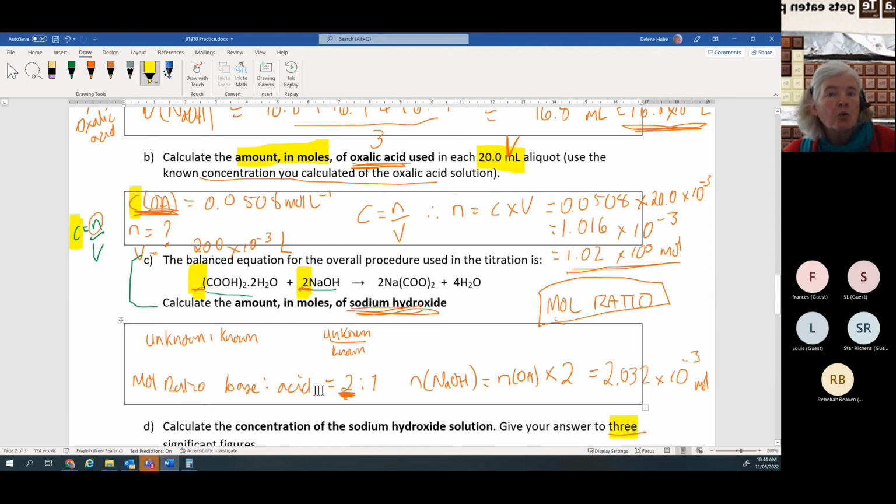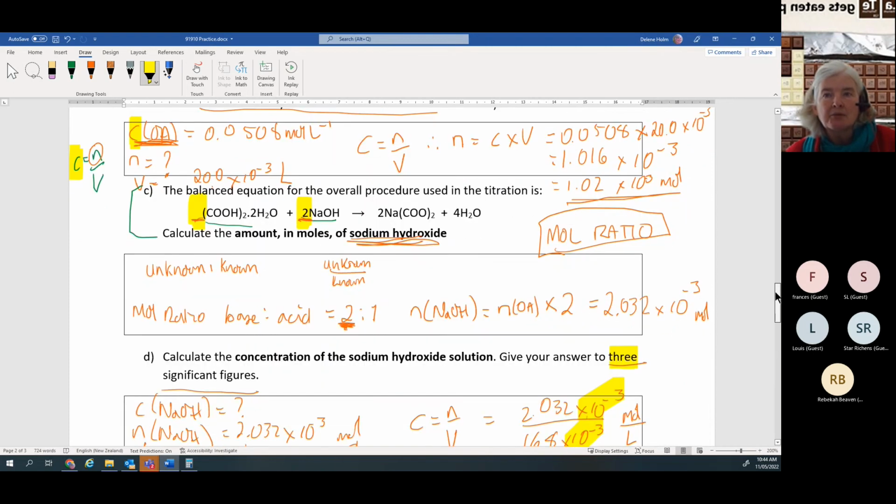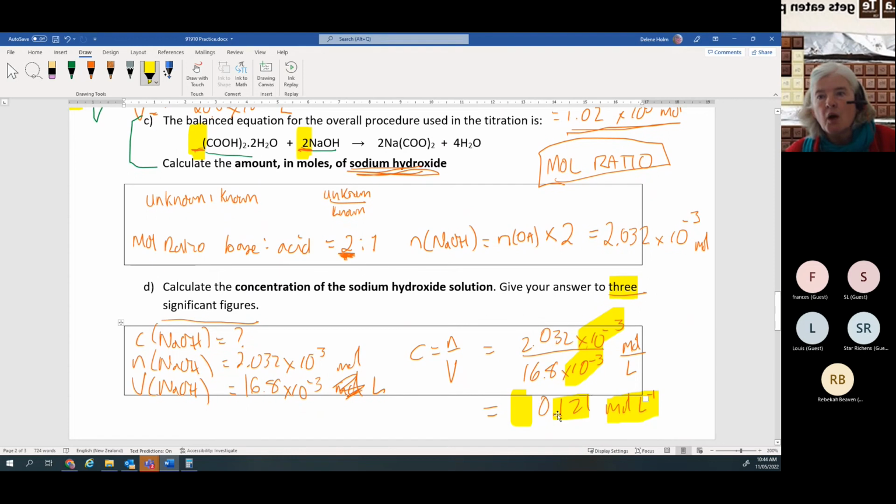I need twice as much sodium hydroxide from the equation. So I would expect my concentration to be more or less double. So 0.1 is more or less double 0.05. So it does look like a sensible answer.